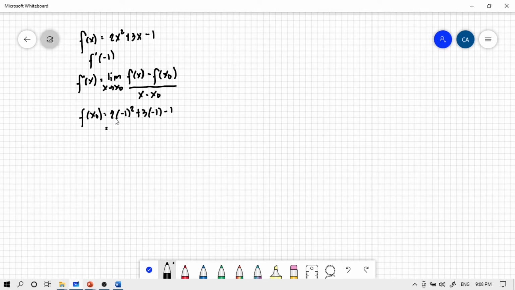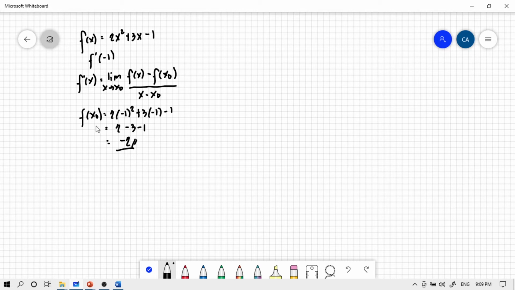Simplify natin, we have 2 times negative 1 squared, we have 2 plus 3 times negative 1 which is negative 3 minus 1. And this is equal to 2 minus 3 equals negative 1 minus 1 and we have negative 2 as our f of x₀.